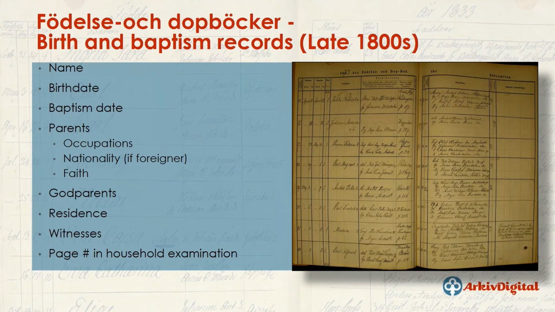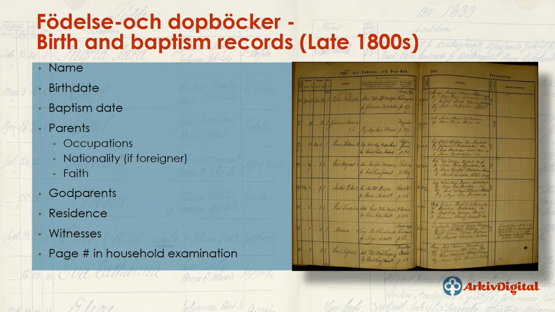The birth and baptism records for the late 1800s provide a wealth of information too. You'll notice that they provide the birth date along with a baptism date, parents' occupations and nationalities. It will also list the godparents, which we know we should follow for our genealogical records.